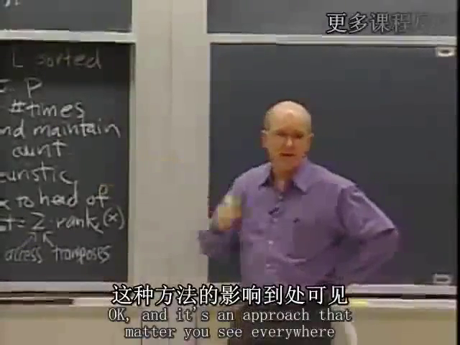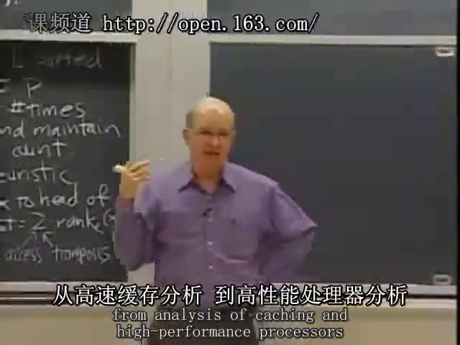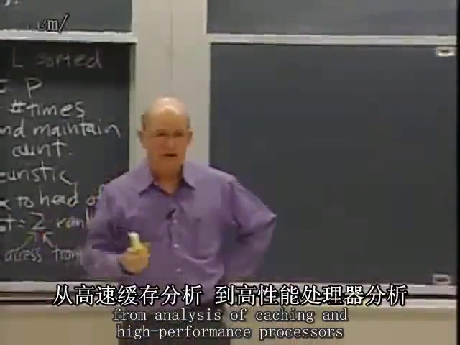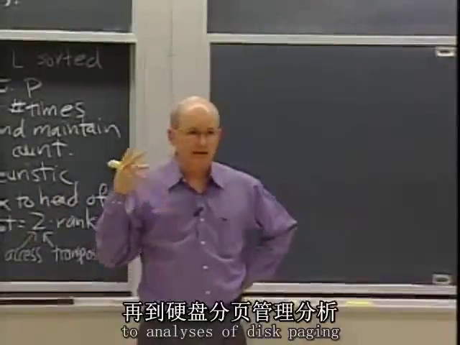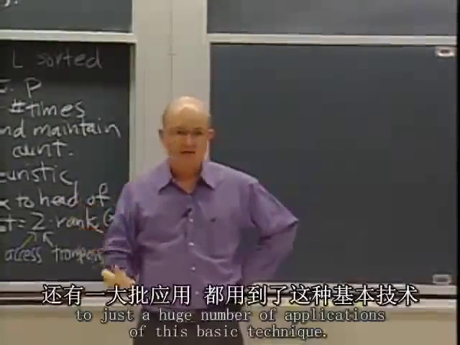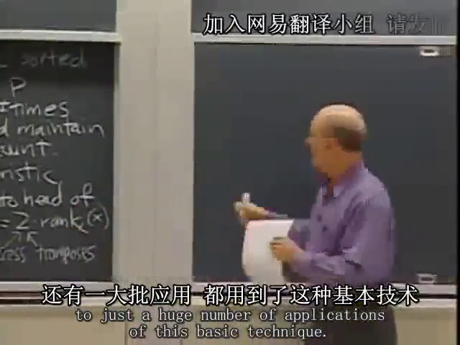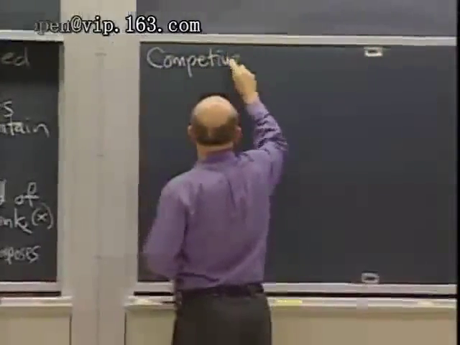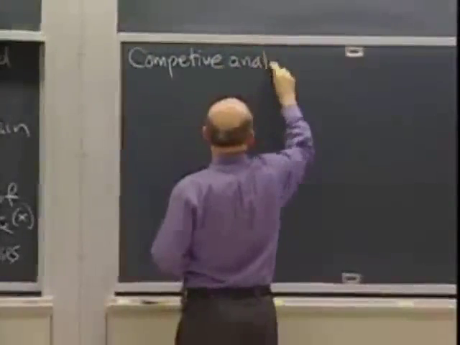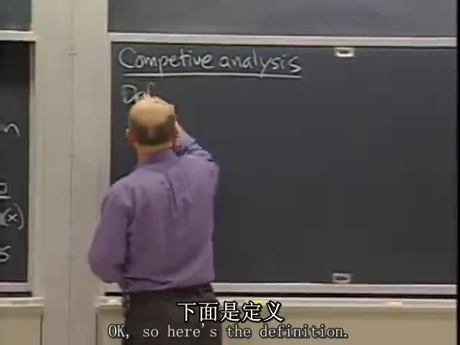And it's an approach that now you see everywhere, from analysis of caching in high-performance processors, to analyses of disk paging, to just a huge number of applications of this basic technique. And that's the technique of competitive analysis. Okay, so here's the definition.